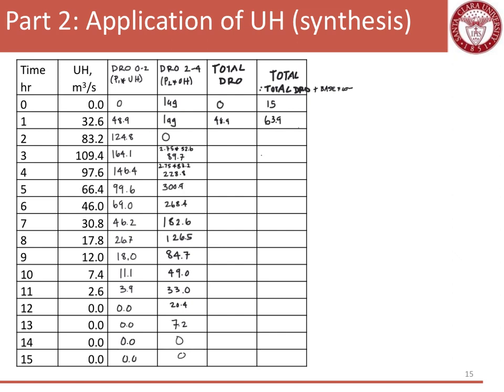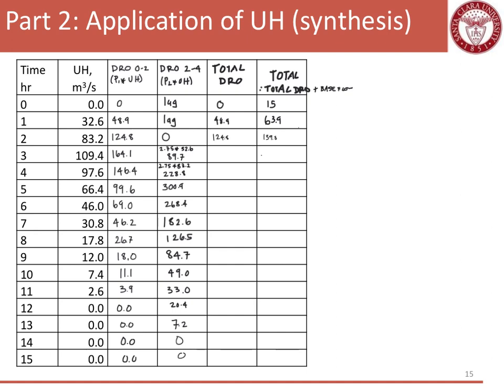Okay. The next time I'm going to still only have the flow from that first duration, so it's going to be 124.8, and that total flow is going to be 139.8.